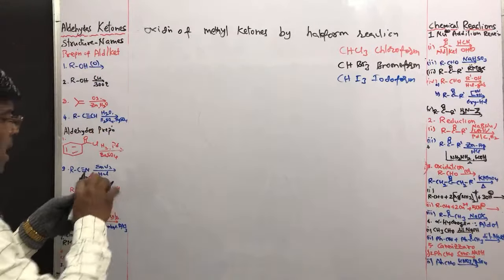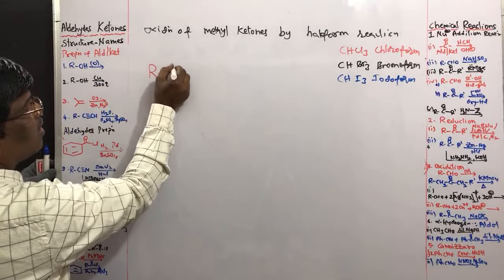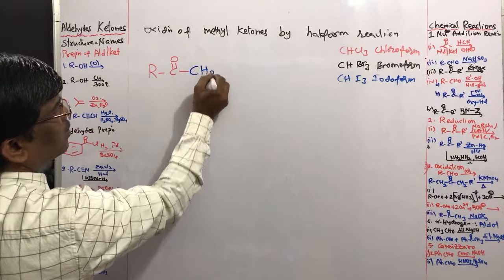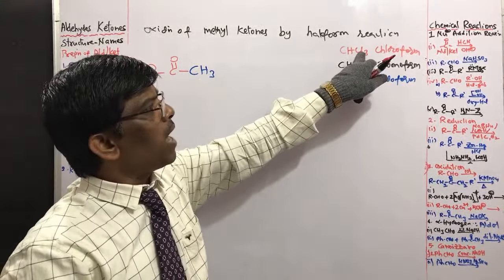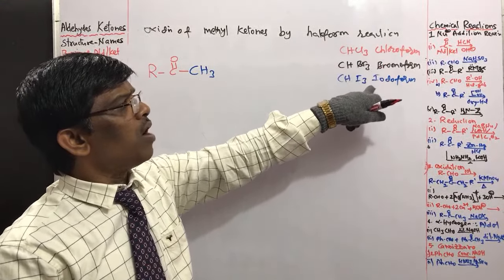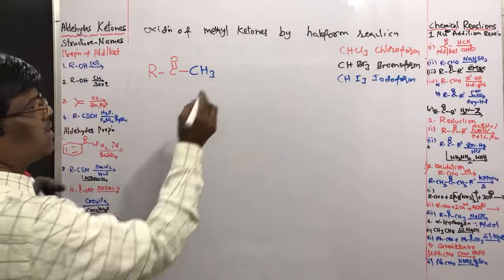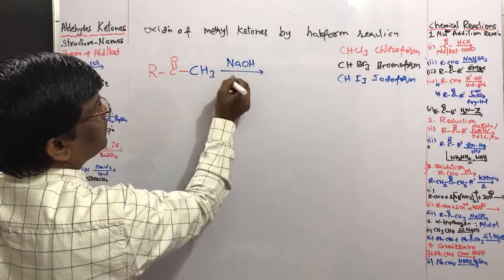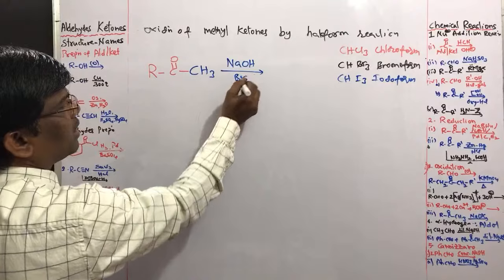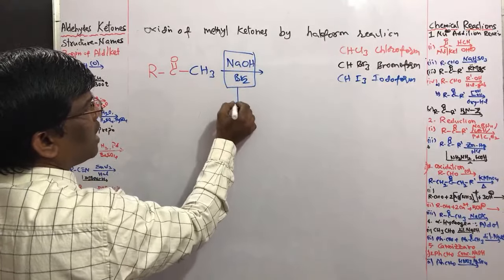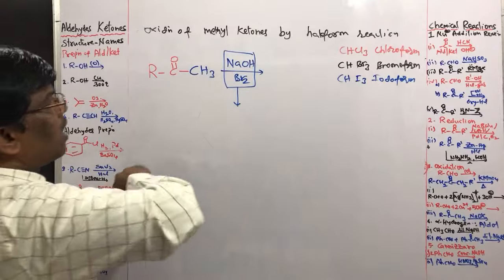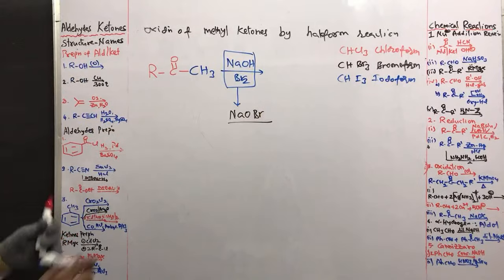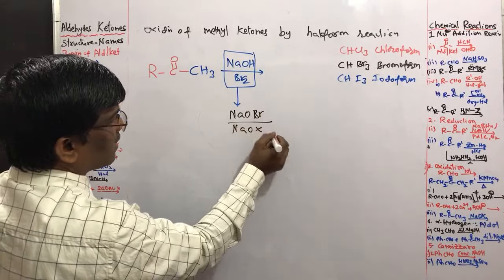Haloform reaction is given by the compounds having an R methyl group. This methyl is important. This methyl is going to form chloroform or bromoform or iodoform. It is very simple, students. When I use sodium hydroxide plus, for example, bromine, this bromine and sodium hydroxide form sodium OBr, or you may get it as NaOX.